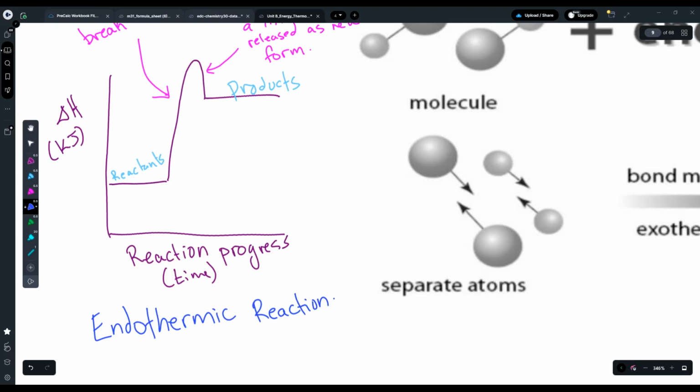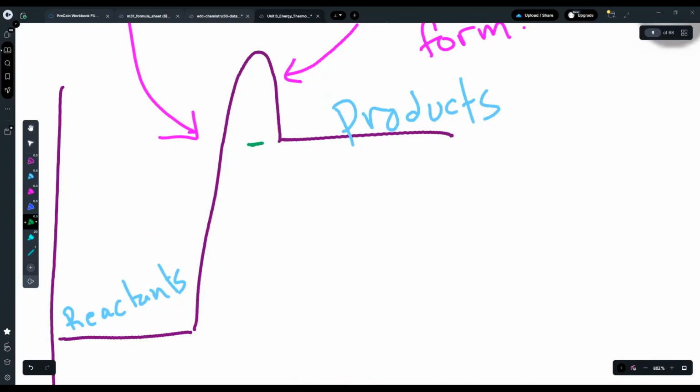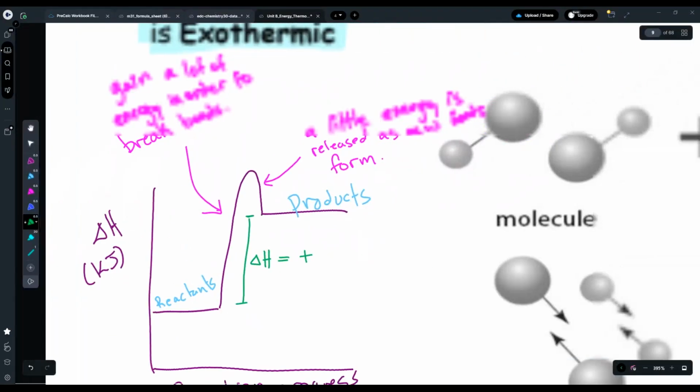Okay, and because we're gaining energy, your change in enthalpy will always be positive for an endothermic process. So the energy difference or the enthalpy difference between your reactants and products is always going to be a positive value for an endothermic reaction.